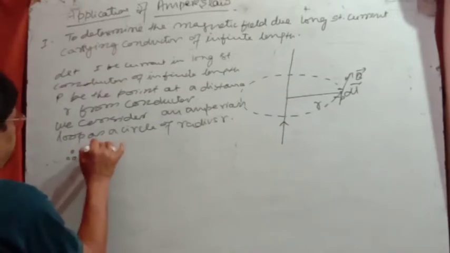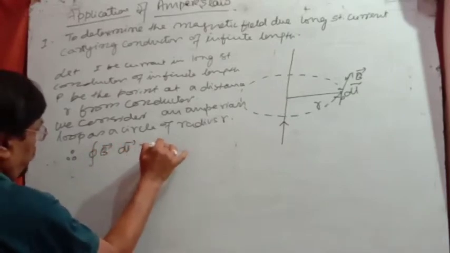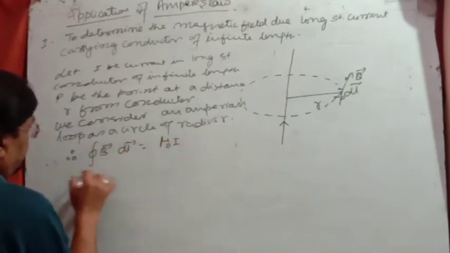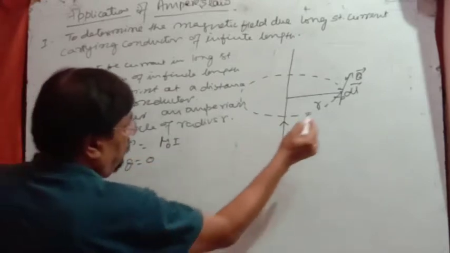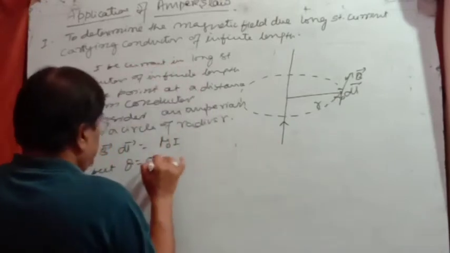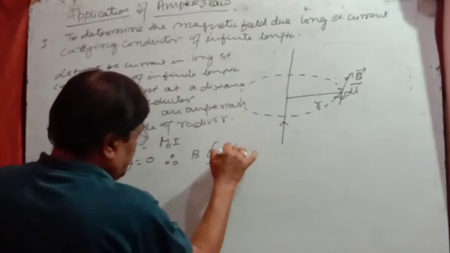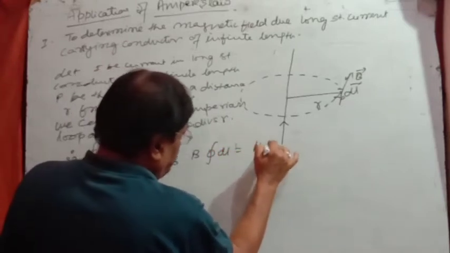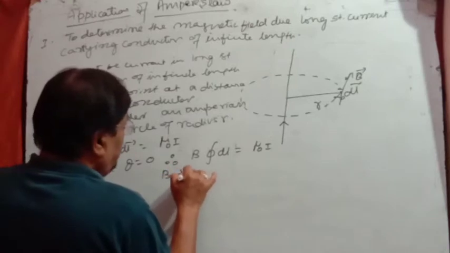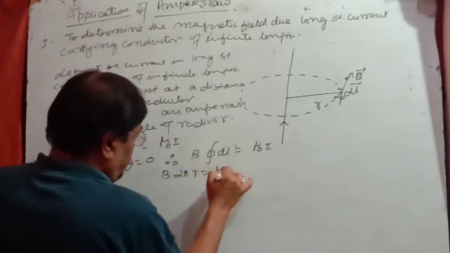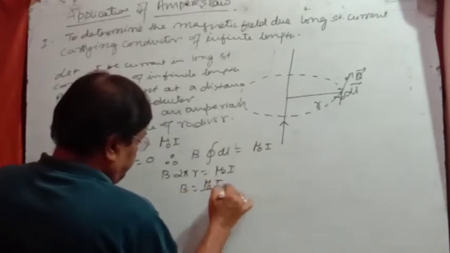Therefore, the closed integral of B dot dl is equal to mu naught I, but theta is 0 in this case, because both are in the same direction. So B dl is equal to mu naught times the total current, and it is B times 2 pi r equal to mu naught I. So B equals mu naught I by 2 pi r.